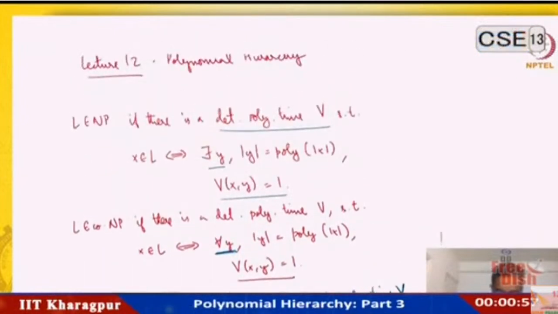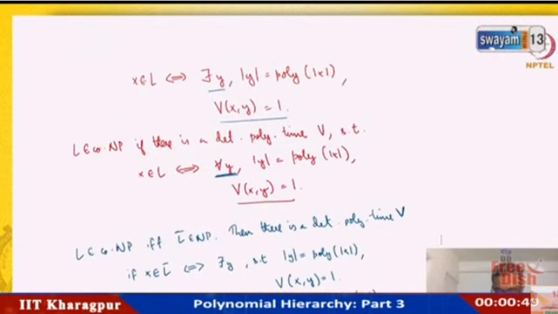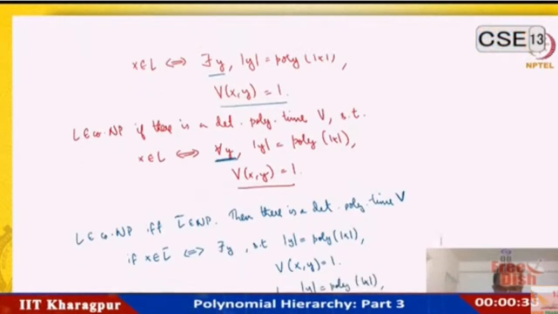So we saw why NP and co-NP, the characterizations in terms of the verifiers, make sense. Basically, you take the characterization for NP and you take the complement of that characterization, you get the characterization for co-NP.